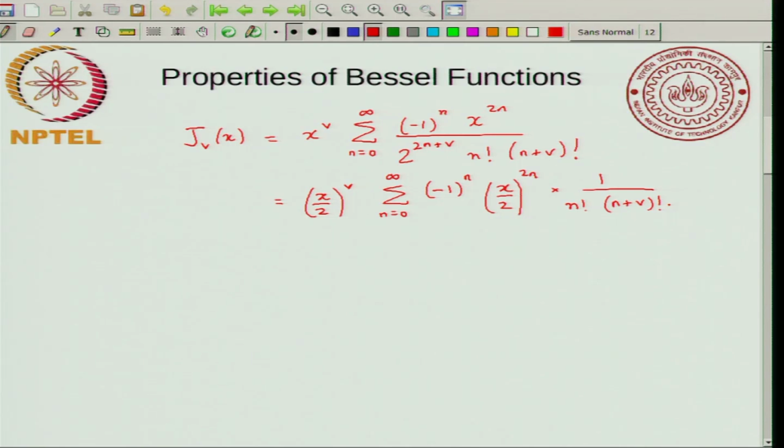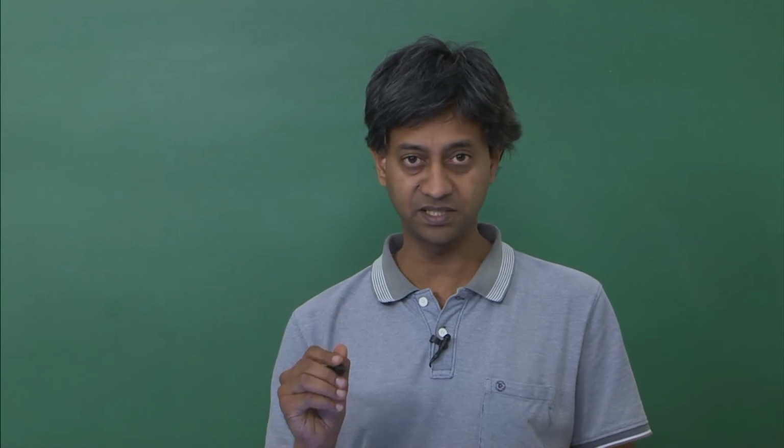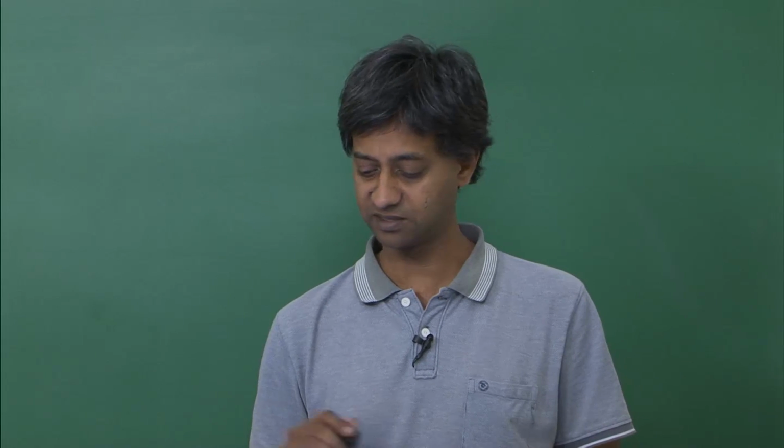What is important to note about these Bessel functions is that it is an infinite series, going from 0 to infinity. It is not a polynomial. It is an infinite series, but it is a convergent series.